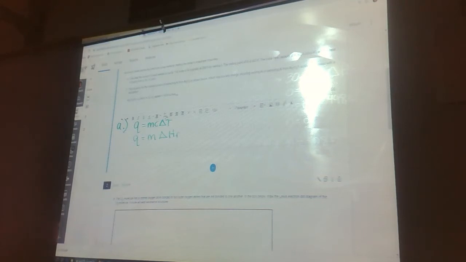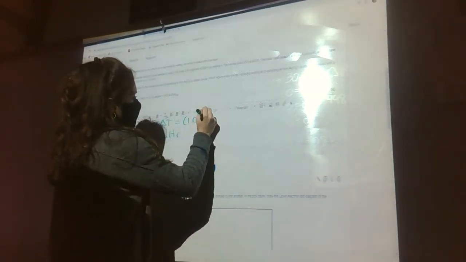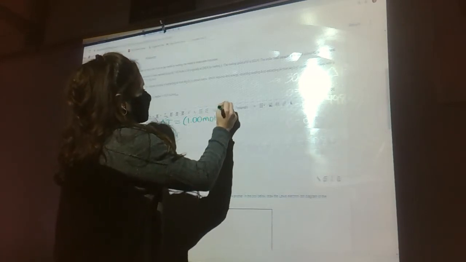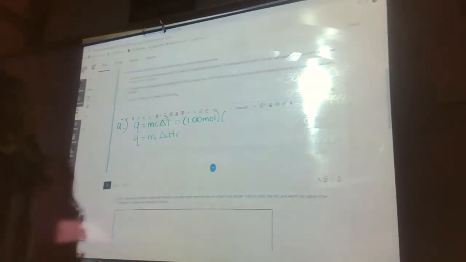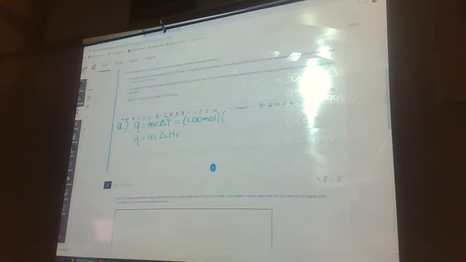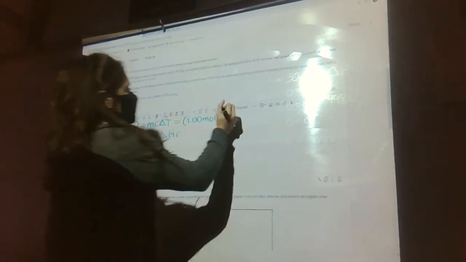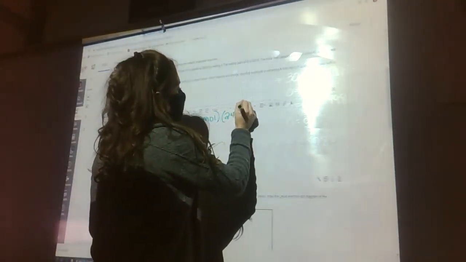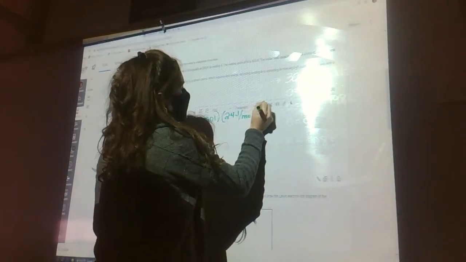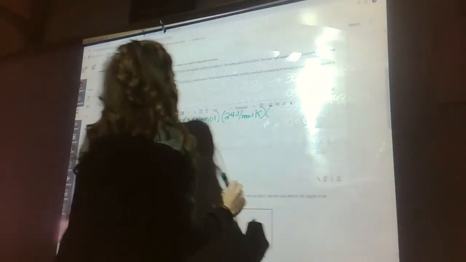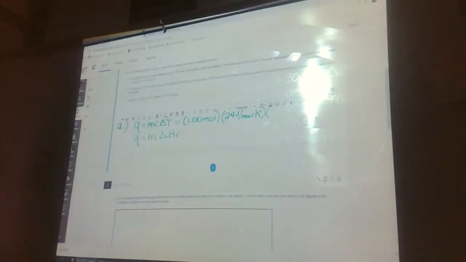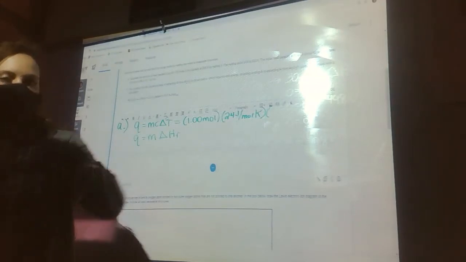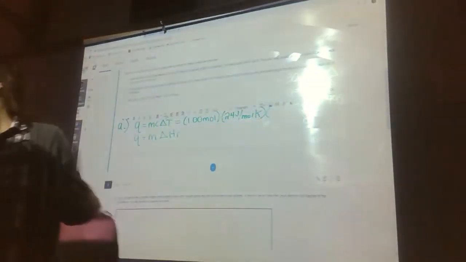So you have 1 mole of aluminum times the molar heat capacity, which is the specific heat capacity just in moles, which is 24 joules per mole Kelvin. And then the temperature change, you're taking solid aluminum to the melting point.